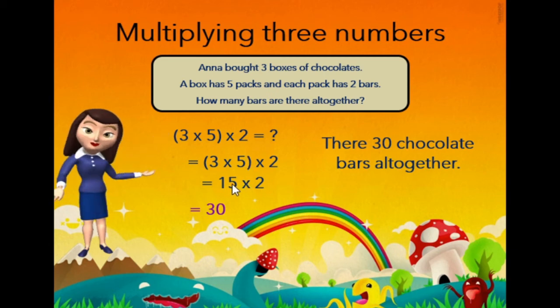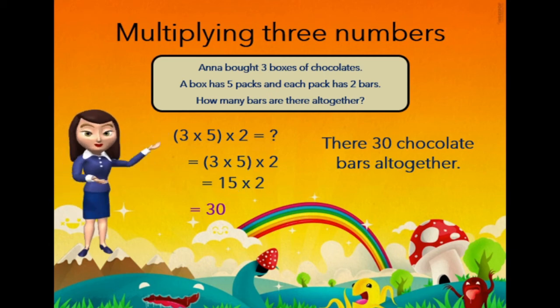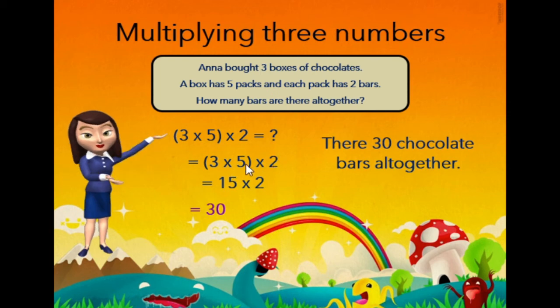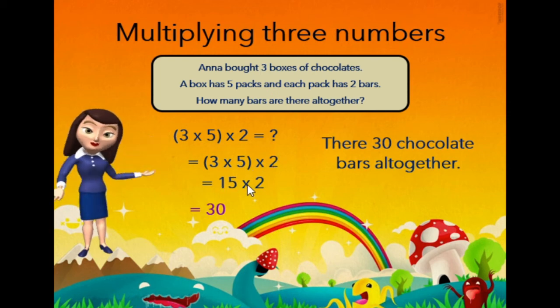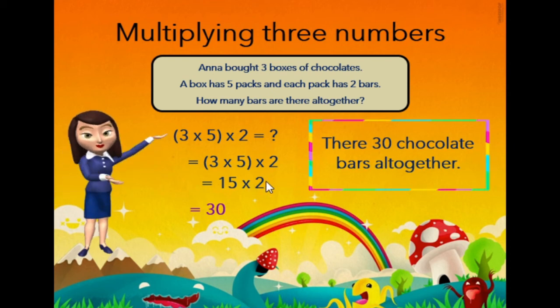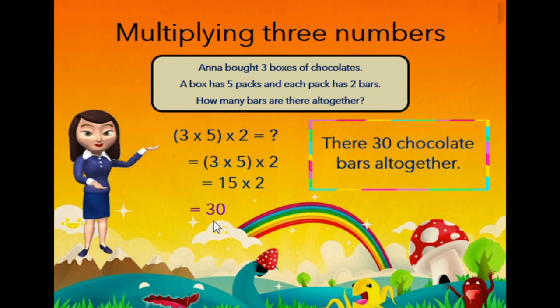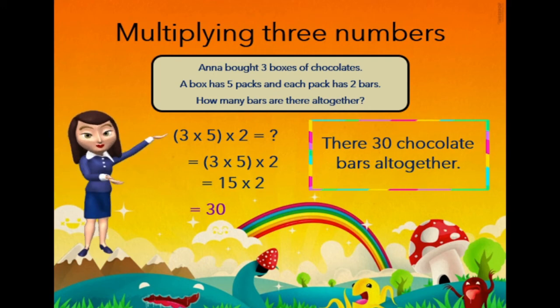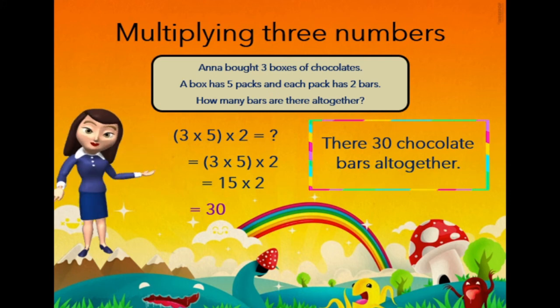Right? After solving it, copy the next number. That's times 2. Now you have there 15 times 2 equals 30. Therefore, there are 30 chocolate bars all together.